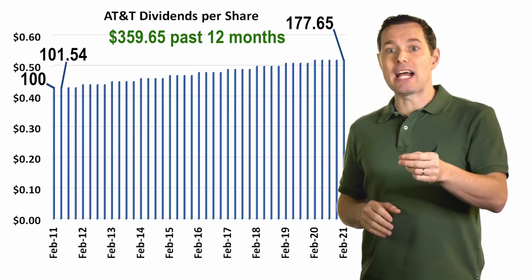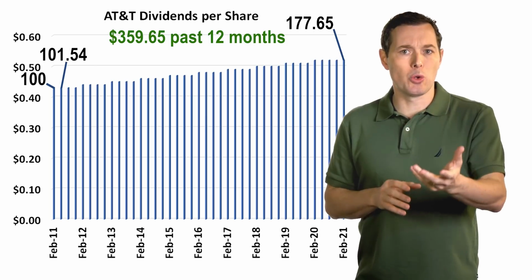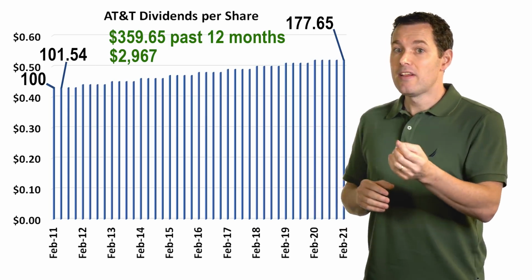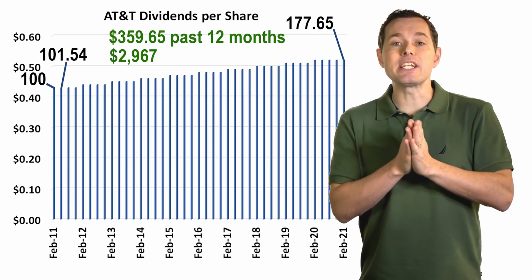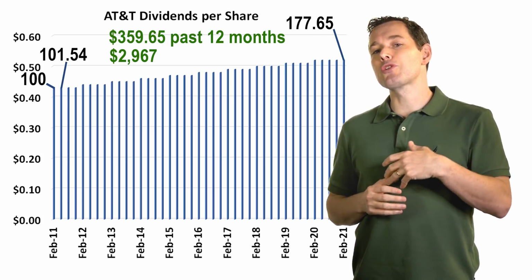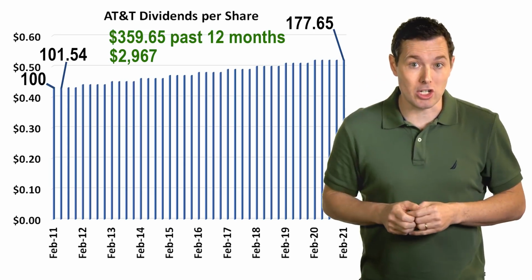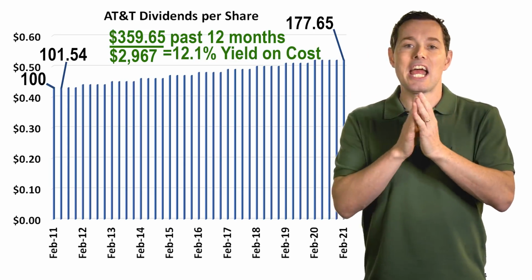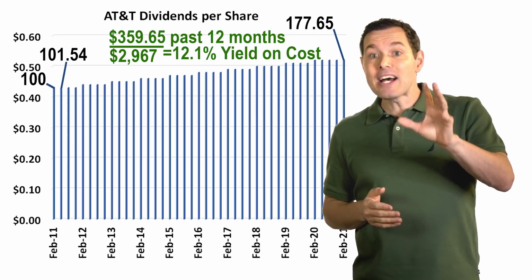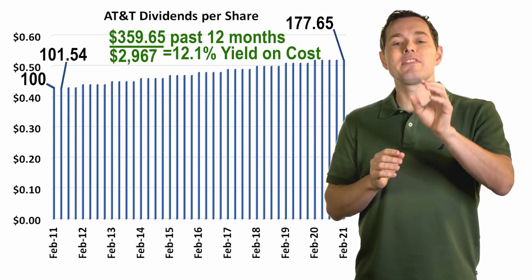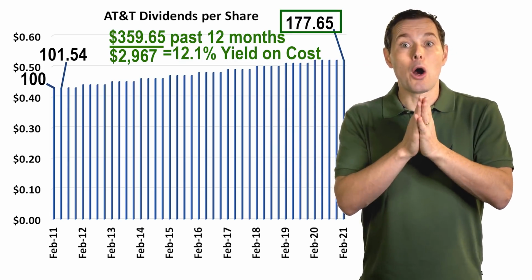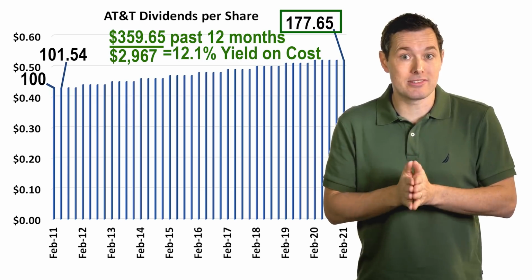And when we consider the fact that we paid just short of $3,000 on our initial 100 shares, this means that they call it a dividend yield on cost. Basically, how much you're receiving in dividends based on your original cost. In our case, it would be about 12%, which is obviously a very good dividend yield. And that's not even taking into account the fact that 177 shares or so are worth about $30 a share today.